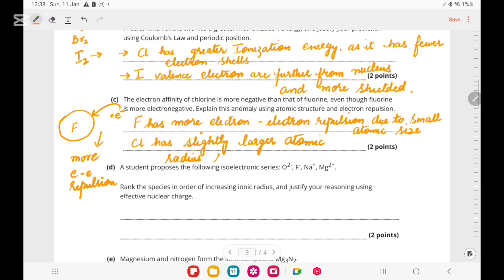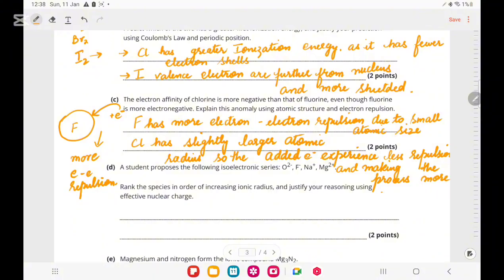So the added electron experiences less repulsion, making the process more exothermic.